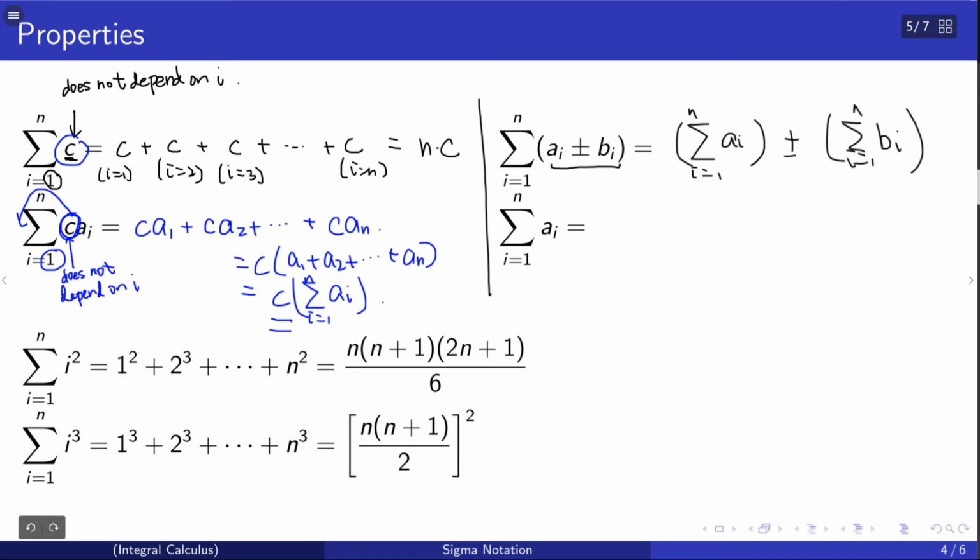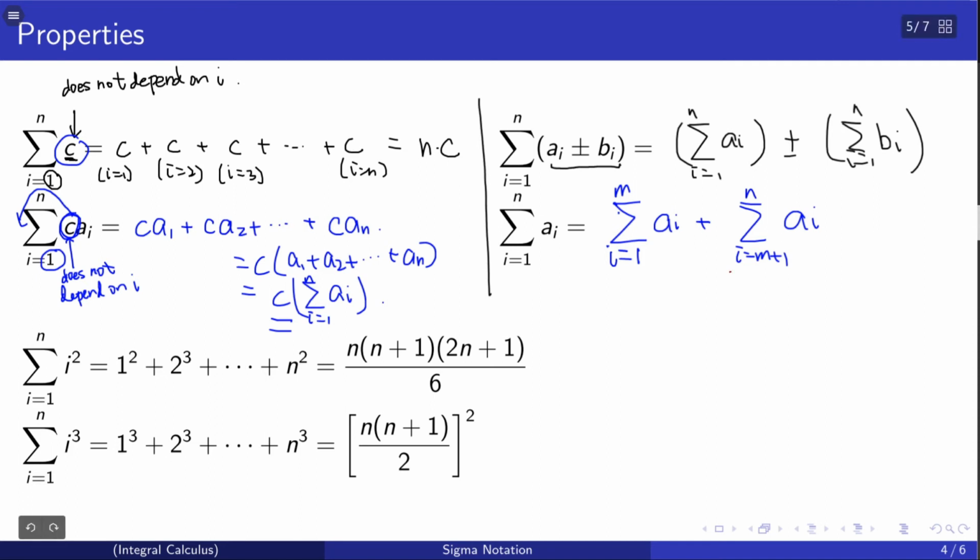And finally, the last property here doesn't look like anything yet, right? But what I really want to say is, whenever you have a summation from i equals 1 to n, remember, that's just a long sum of numbers. So you can cut the sum anywhere you'd like. Say you can cut it earlier at some integer m, and continue adding terms from m plus 1 to n.